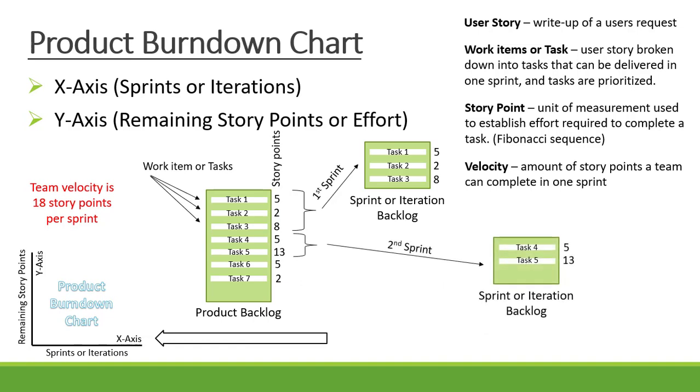For sprint 2, tasks 4 and 5 are 18 story points that will go into the sprint or iteration backlog, and that will then feed into the product burndown chart, and the same will happen for the third sprint. You can also have a look at my videos regarding a sprint burndown chart and the product burn up chart.